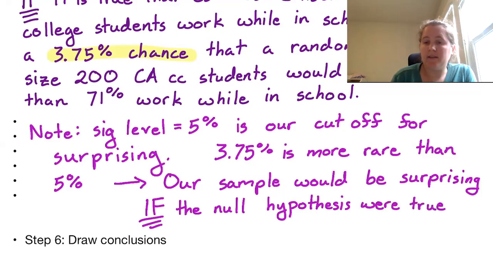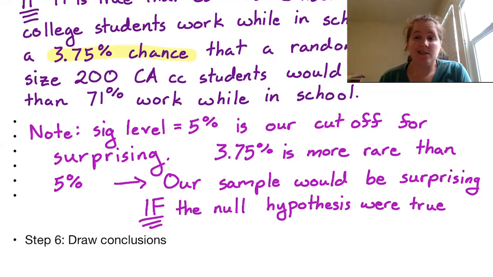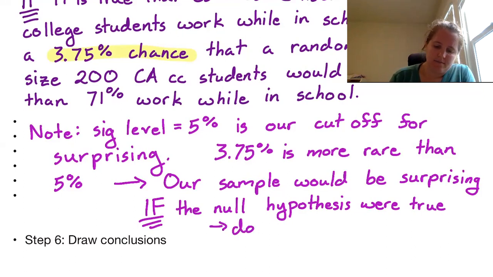So this lends itself towards concluding that the null hypothesis may not be true, right? If our sample is surprising, that leads us to doubt the null hypothesis. So we're going to doubt that null hypothesis.